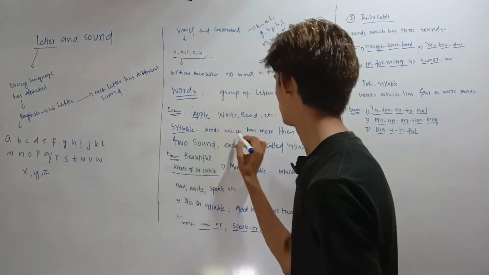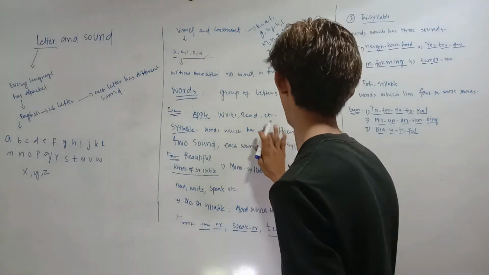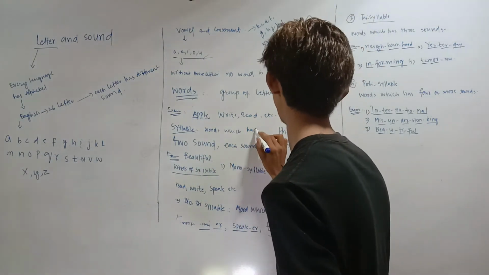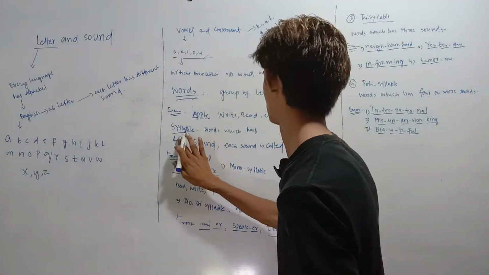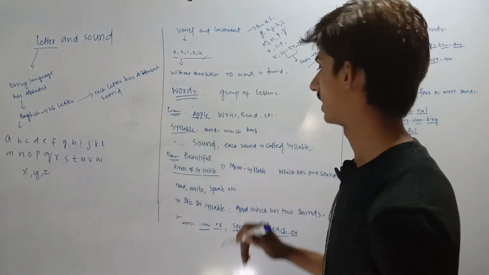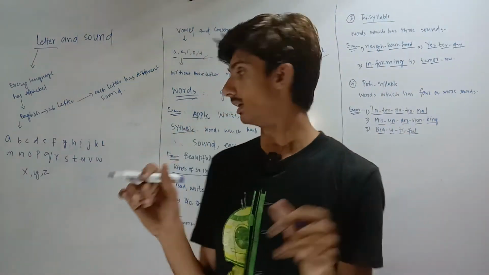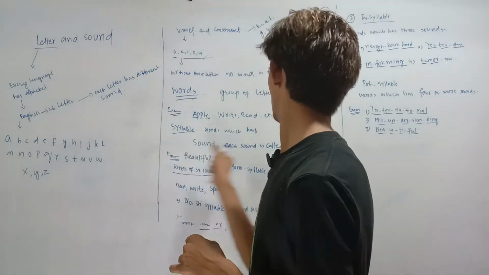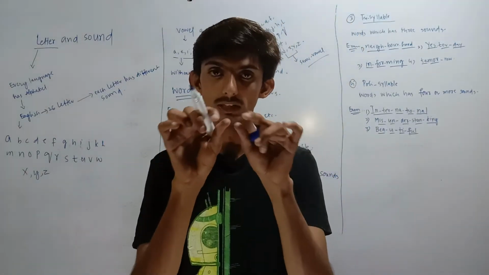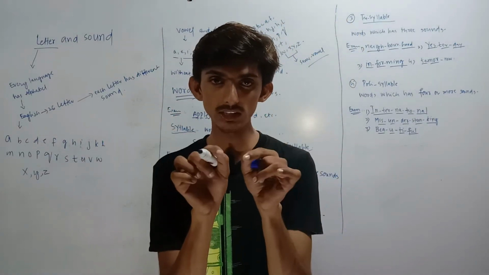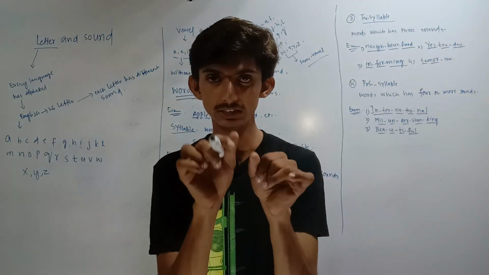Definition of syllable: words have sounds, and each sound is called a syllable.